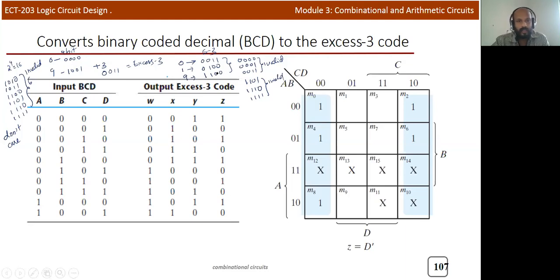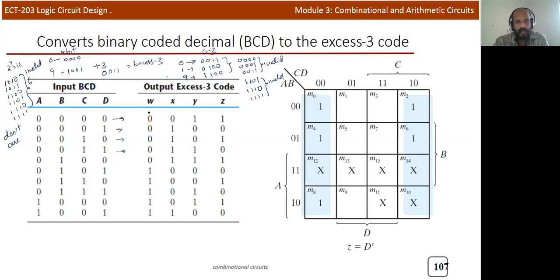Okay, so now we'll write the K map. This is the XS3 code for 0 to 9. So 0 is represented as 3, 1 is represented as 4, 2 is represented as 5, 3 is represented as 6, and 4 as 7, etc. And 9 will be 12.